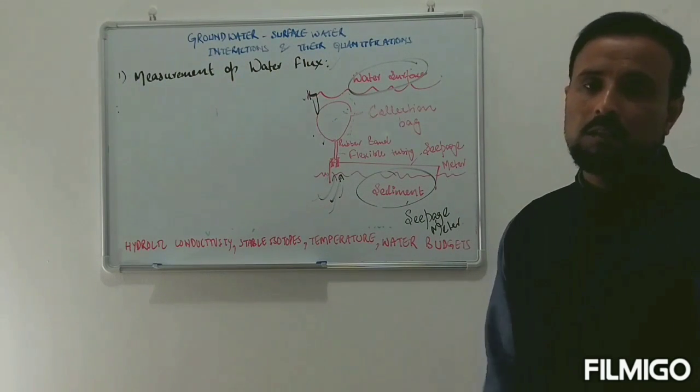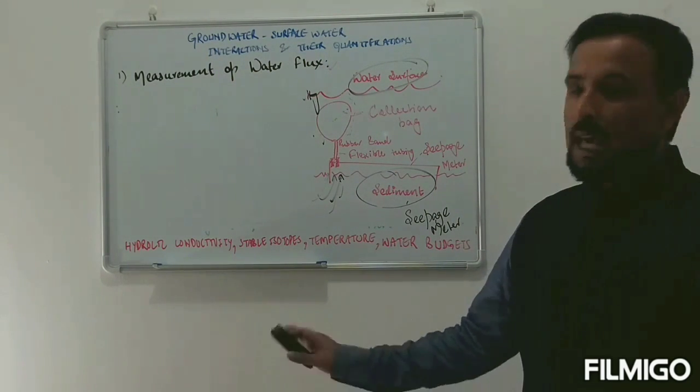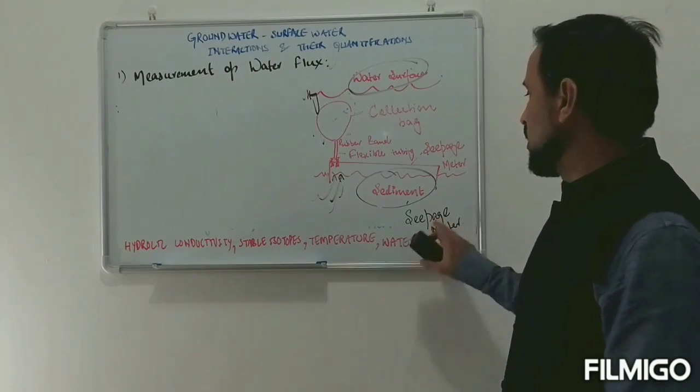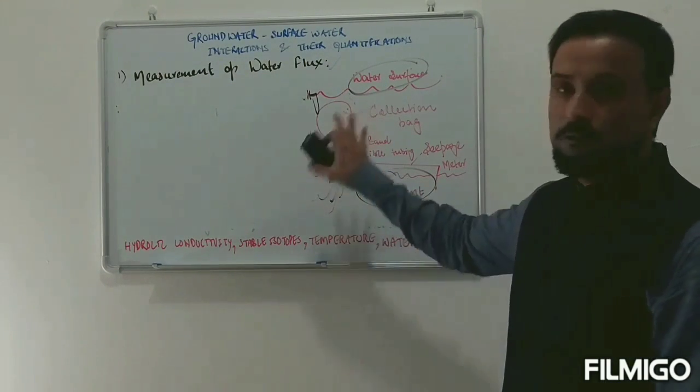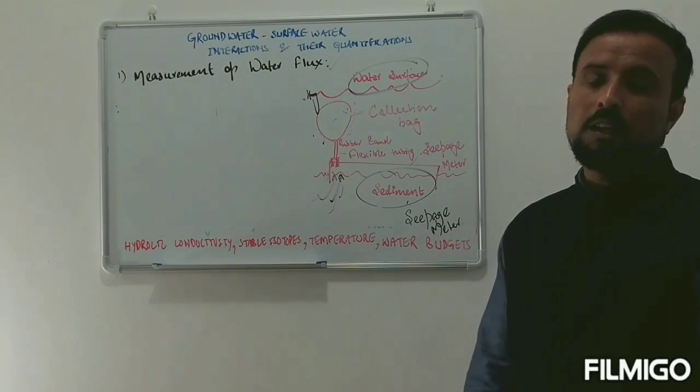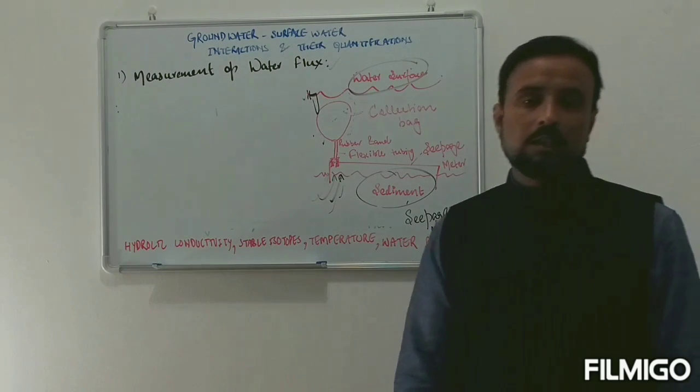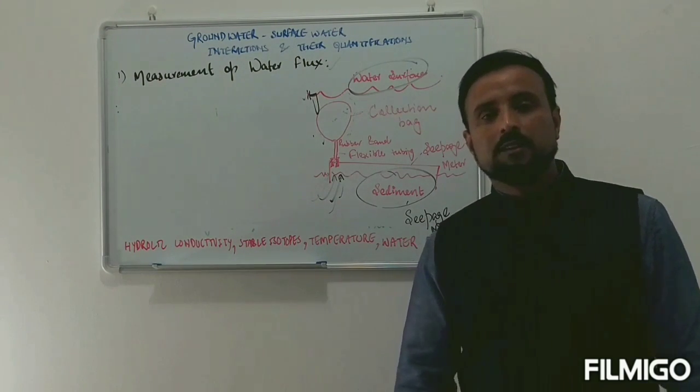So this is a limitation of the seepage meter. But as such, seepage meter calculation of water flux is the easiest way by which groundwater surface water interaction can be quantified.